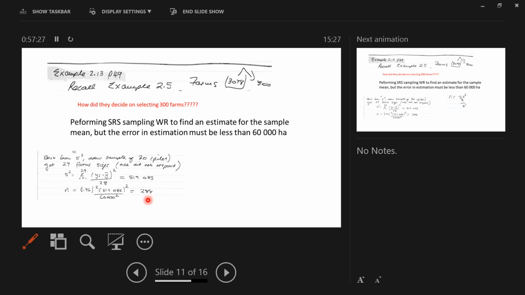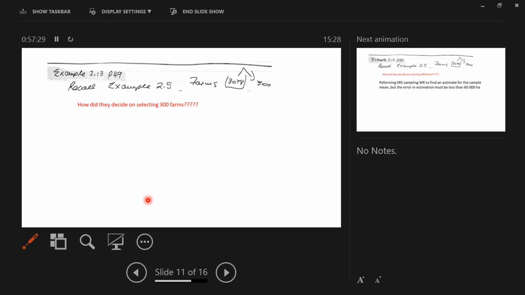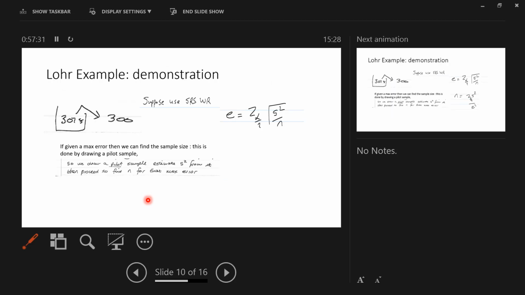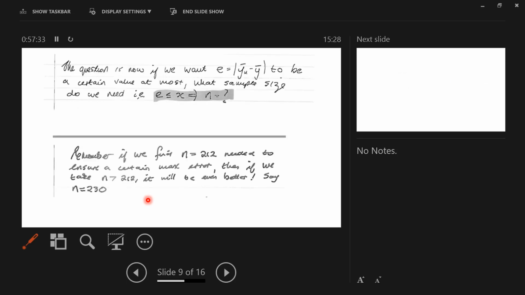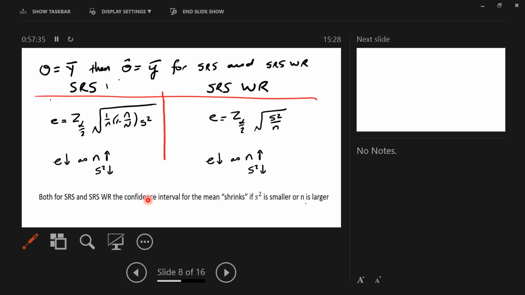Because you know also from our earlier formula, I can go back to this. You know from one of the four, here, we're doing simple random sampling with replacement. This is what I use to work out the n. You just solve for the n. What does it say? Your error will go down as n goes up. He's just said, I don't want to be out more than 60,000. And you calculated n must be 288.